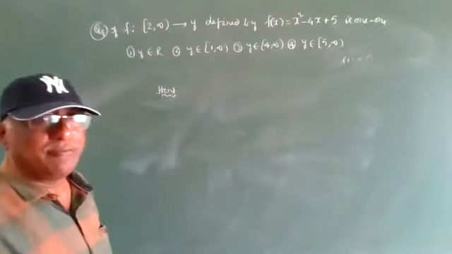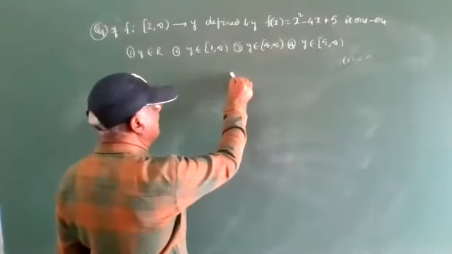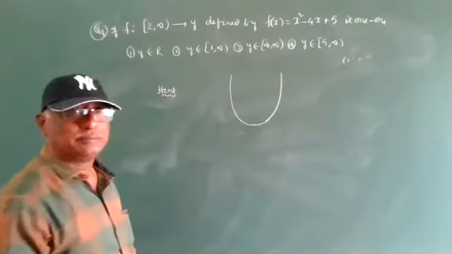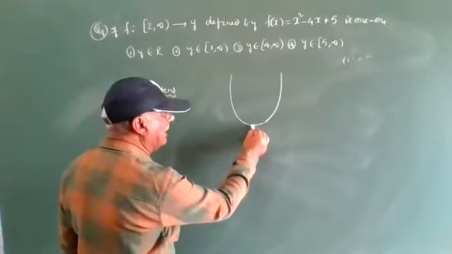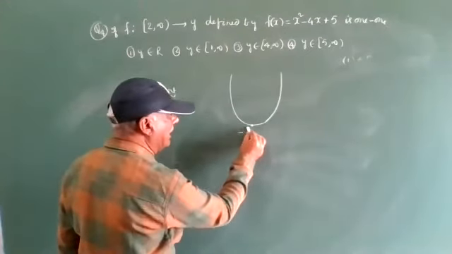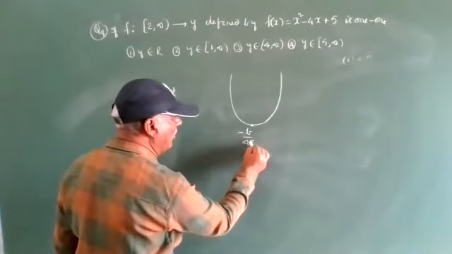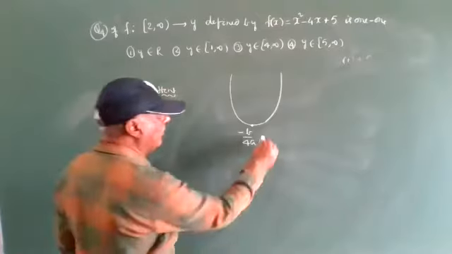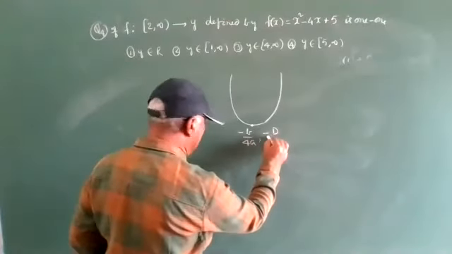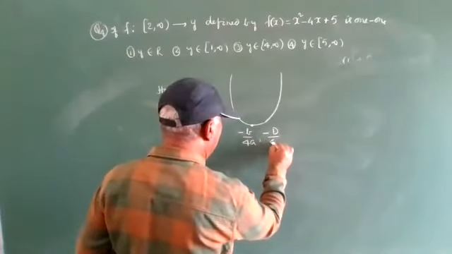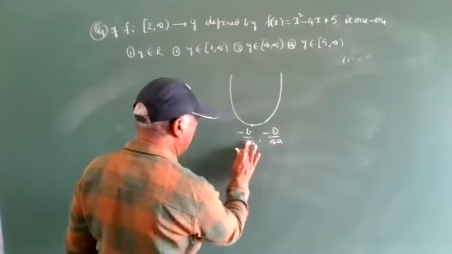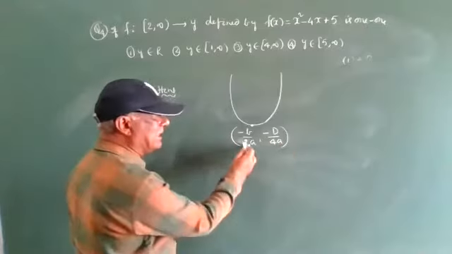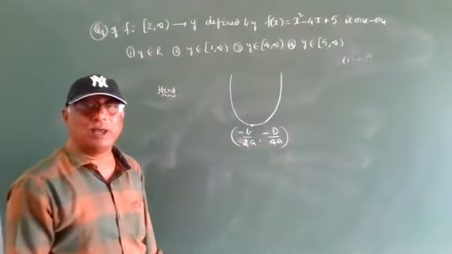See, every quadratic equation is a parabola. Its point of contact is minus b by 2a, minus d by 4a. This is the x value, this is the y value.